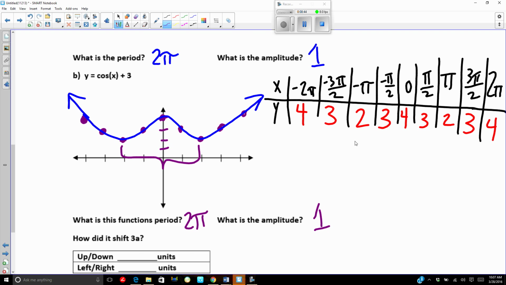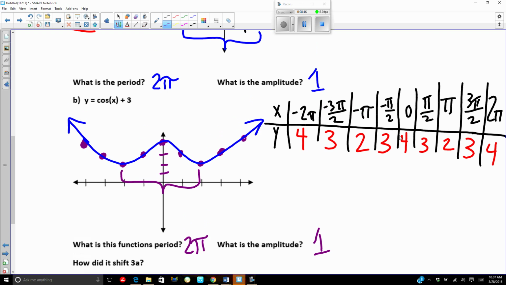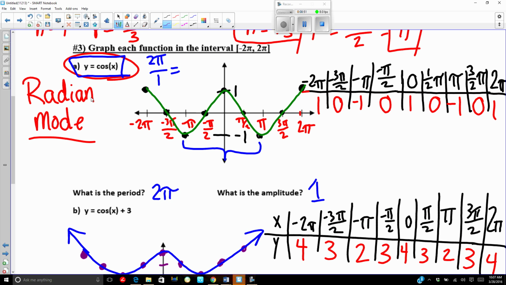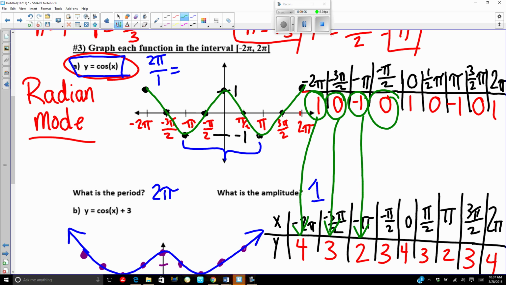Now, the key part to this question is what you need to be able to identify is how it's shifted. So the original graph was cosine x, the second graph was cosine x + 3. So what you should notice is that all of these y values have increased by 3 units. And we talked about this before the break, about why they were increasing by 3 units.